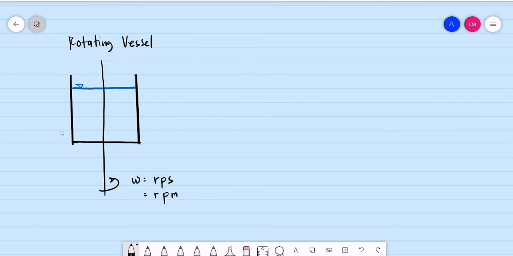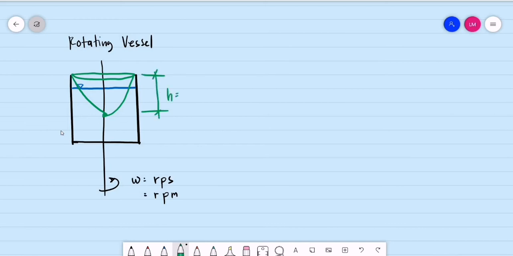What will happen to the liquid surface? The center of the liquid surface will go down, and on the circumference, the liquid surface will go up. So it will form an airspace with a height of h.